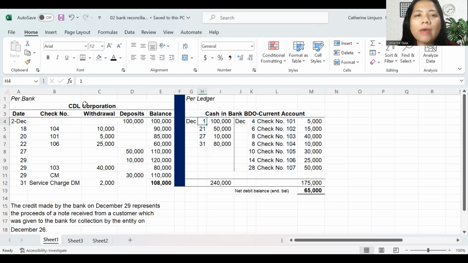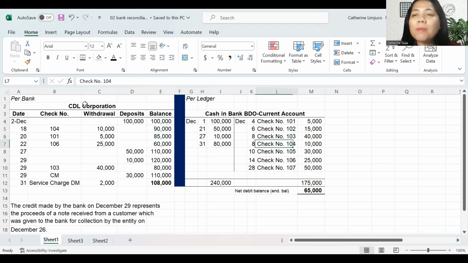In the bank statement, every time there is a transaction affecting our cash in bank account at BDO, since that is our example bank, there will be a balance at the end of this statement. So daily, the amount changes depending on the transaction.